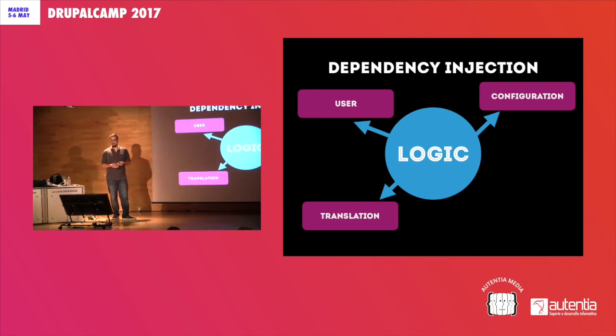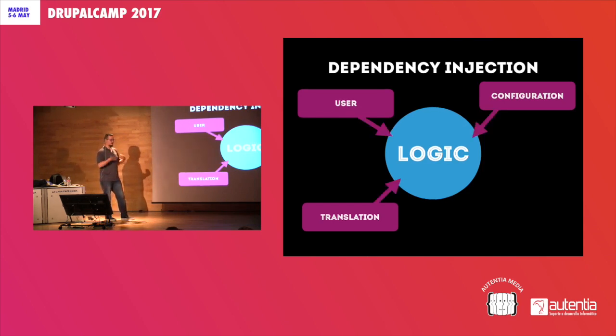In Drupal 8, there's a new concept, which is called dependency injection, which actually reverses the direction of these arrows. So instead of your logic calling the configuration system and the user system, you will have these services injected in your class, probably in the constructor.